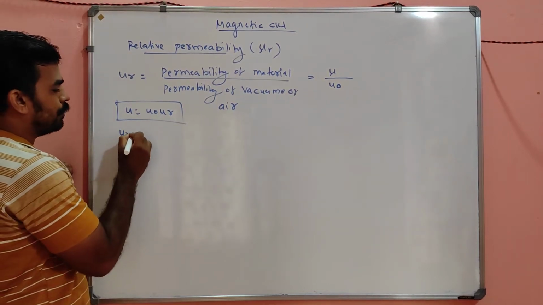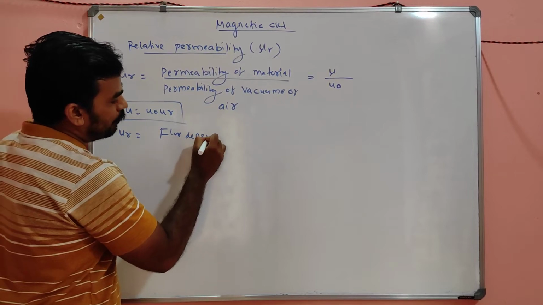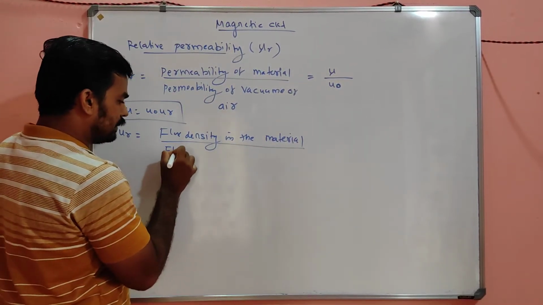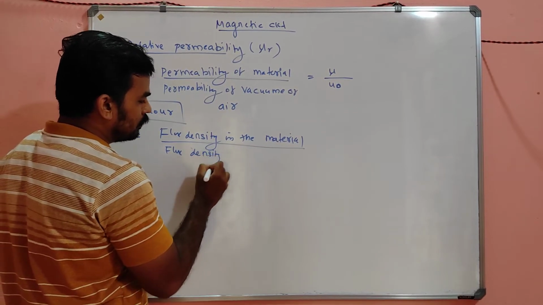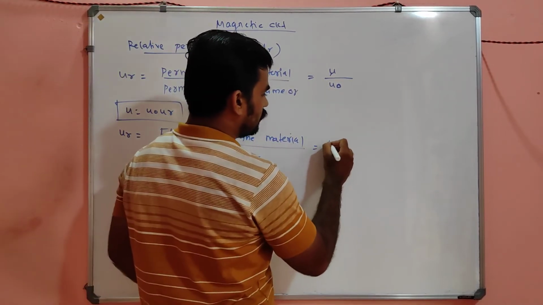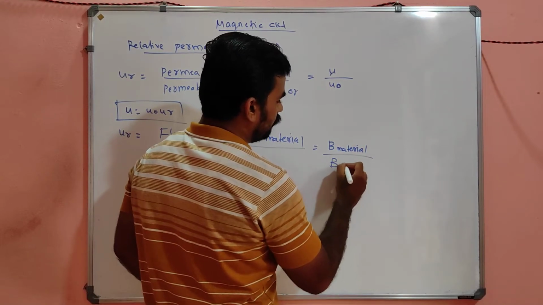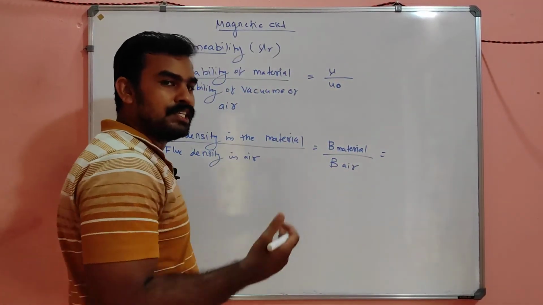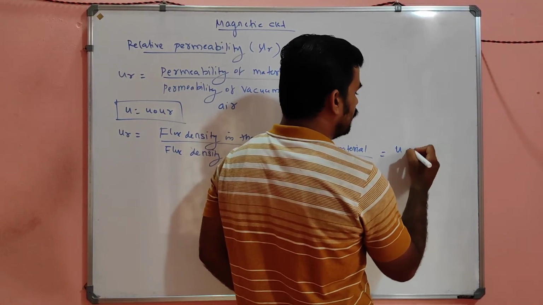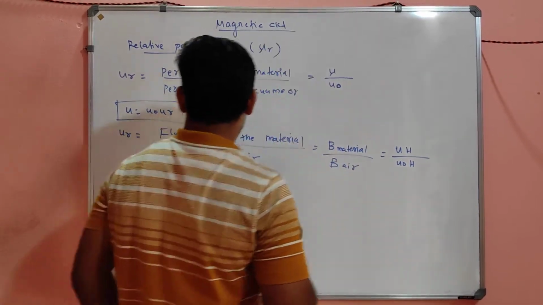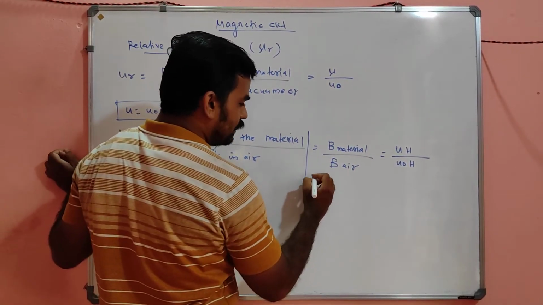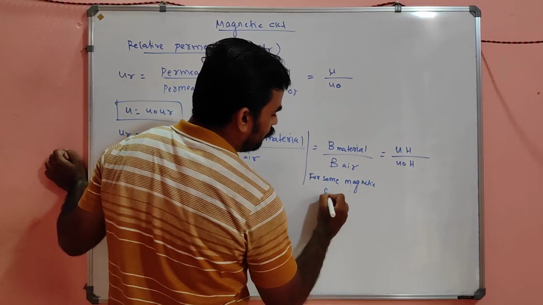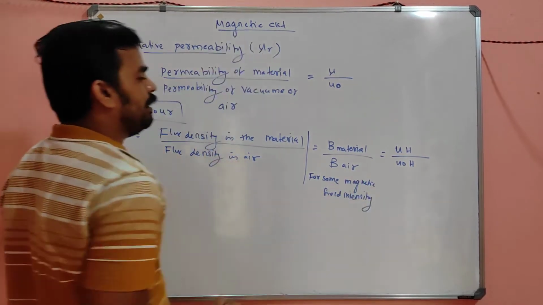There is another definition for relative permeability. It is the flux density in the material divided by the flux density in air, which is B material divided by B air. B is flux density, and the relationship between B and permeability is B equal to mu into H, divided by mu 0 into H, for the same magnetic field intensity.